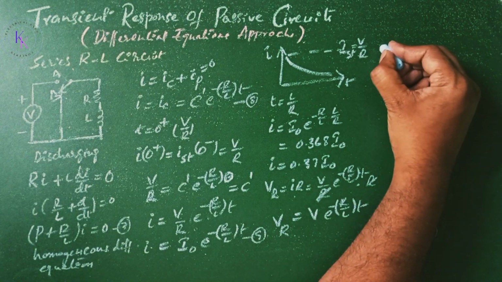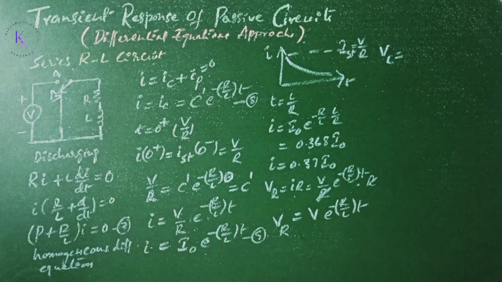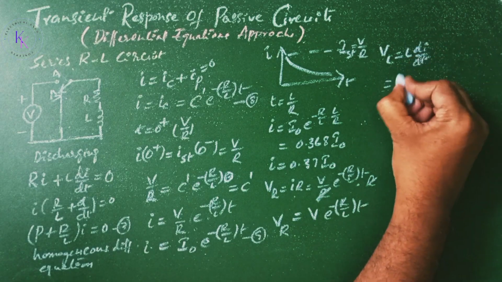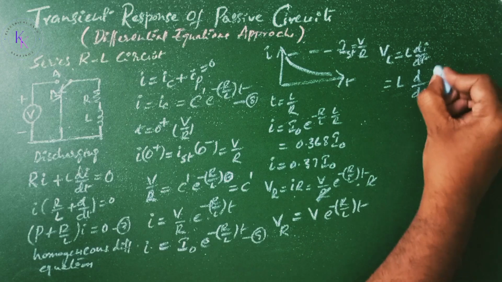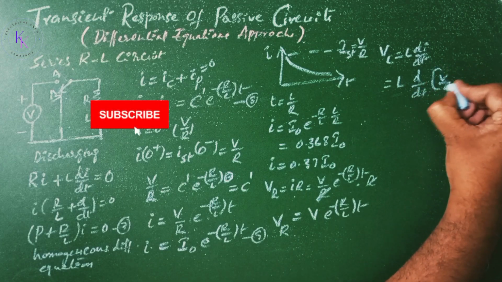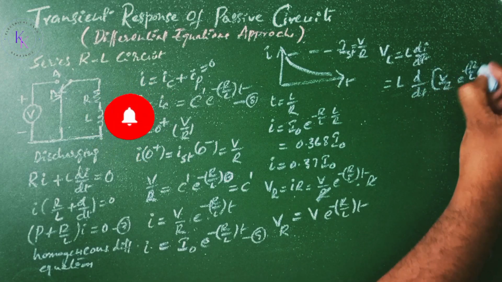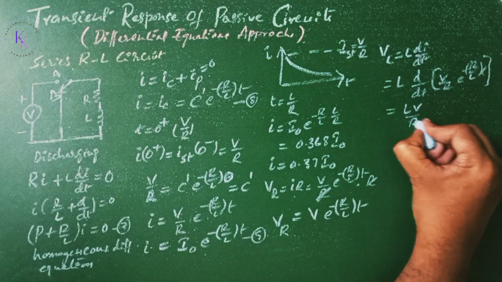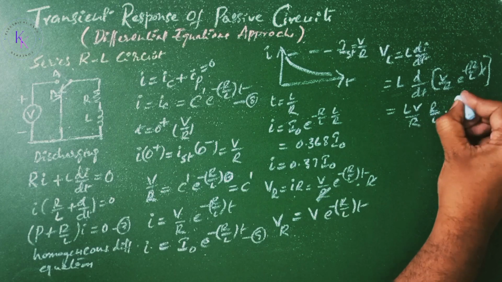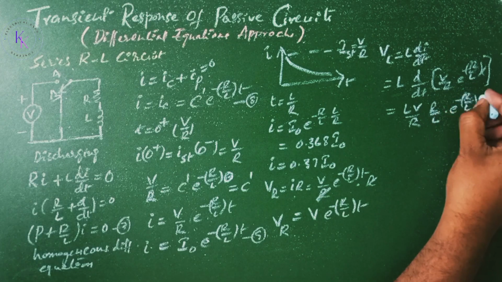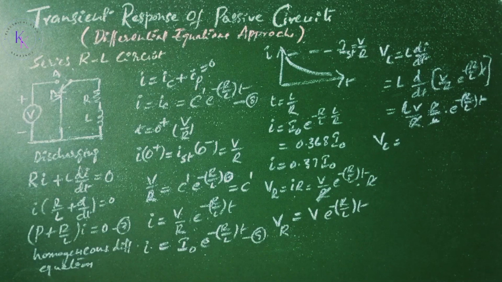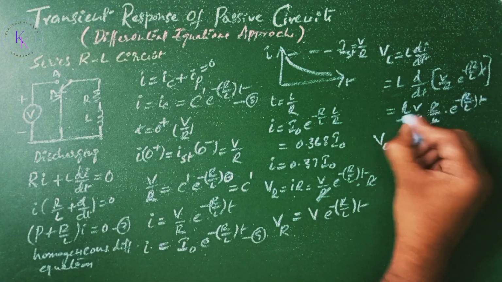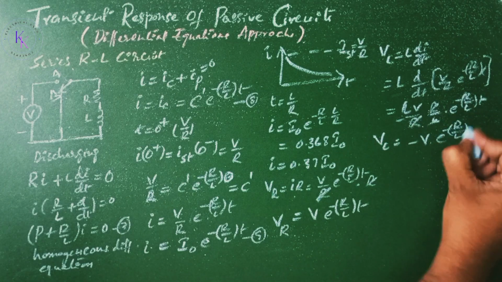Now the voltage across the inductor V_L is given by L di/dt equals L d/dt of V/R e to the power of minus R/L t. To solve this, L times V/R times minus R/L of e to the power of minus R/L t. The voltage across the inductor V_L is given by minus V e to the power of minus R/L t.